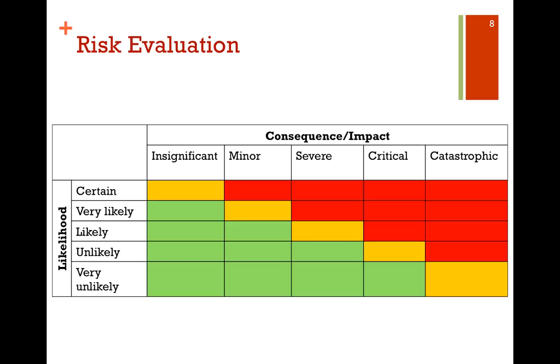The entries of the matrix represent risk values. Risk values denoted in green are risks that can be accepted. Entries denoted in orange are risks that need to be monitored, while red entries are risks that need to be treated. So for each of these risks, we need to identify a treatment to reduce the level of risk.